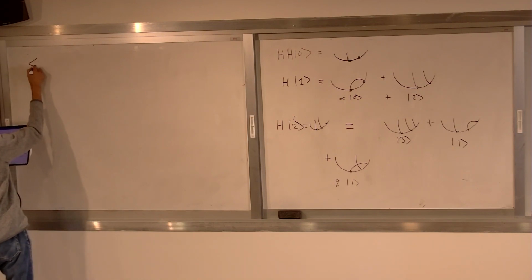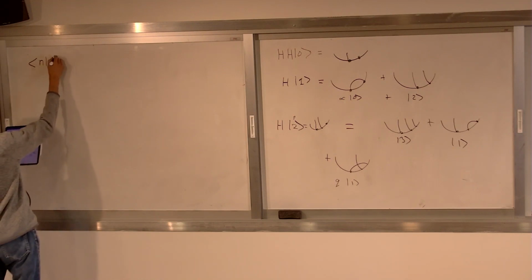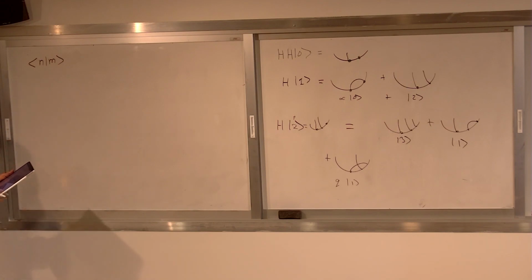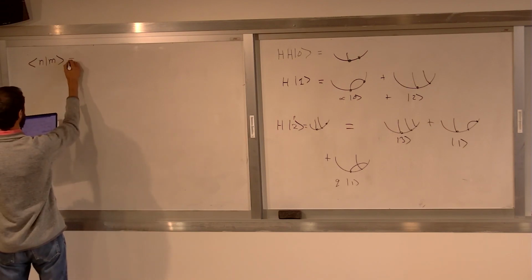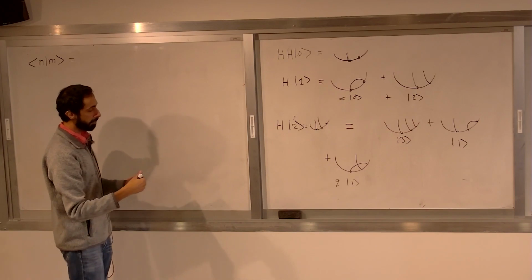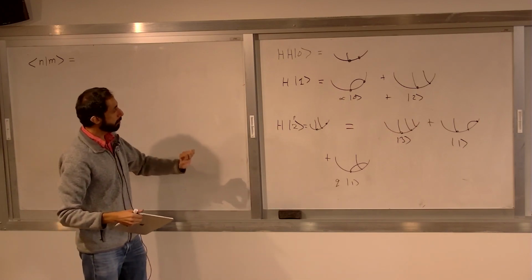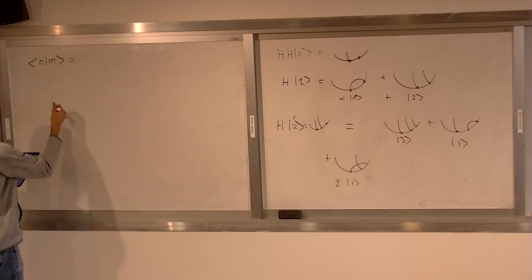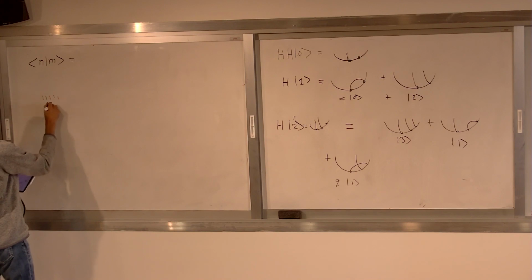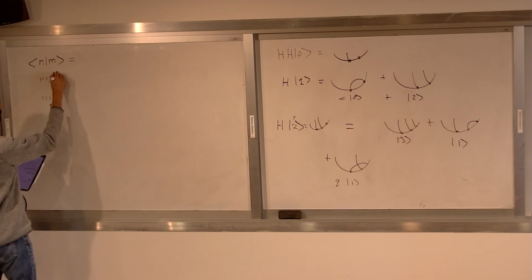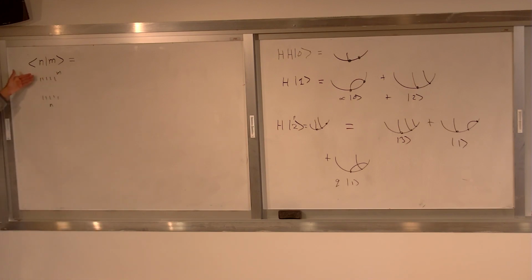So let's compute the overlap of n, m. By the previous argument, here I have n states, and at the top m states. When I take the overlap between n and m, I do not allow chords in n to contract with one another.